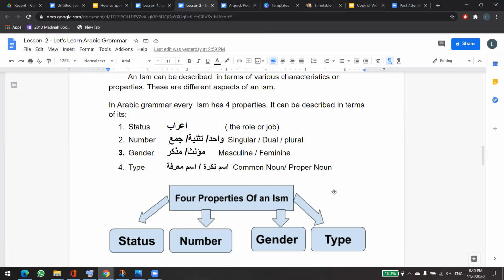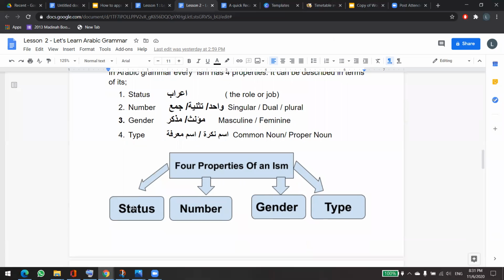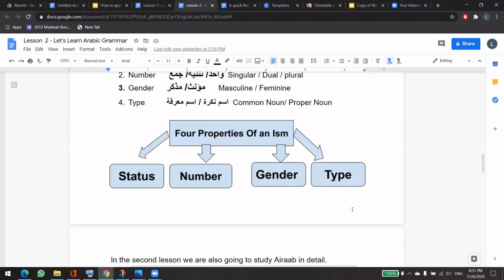So up till now, we discussed that there are four properties of an ism, and they are status, number, gender, and type. Got it? Just remember that these four properties are very important, and keep rehearsing them: status, number, gender, type.